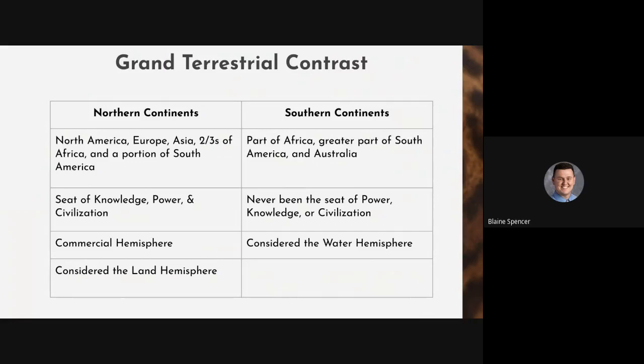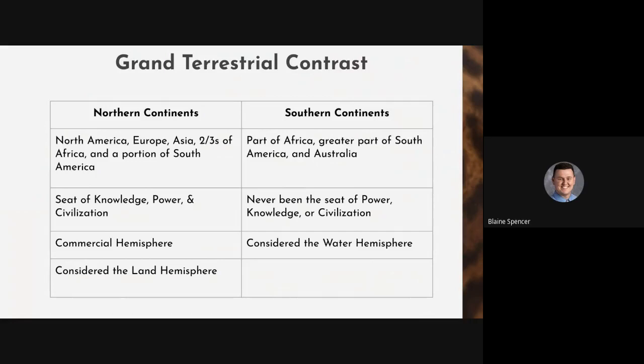The first one is that North America, Europe, and Asia are all in the northern hemisphere. But then two-thirds of Africa and a portion of South America are in this northern hemisphere. So we see that the bulk of the land masses are where? That's right, the northern hemisphere. I just said that.